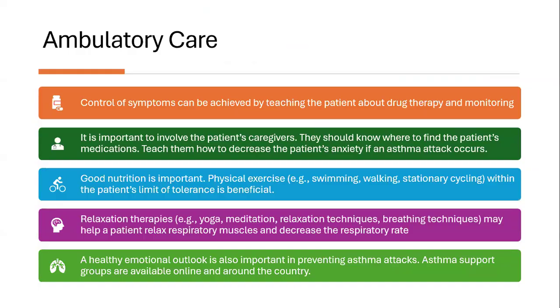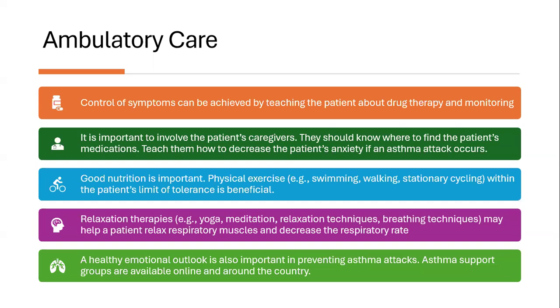For ambulatory care or outpatient department services, and while the patient is at home, it's really important to control the symptoms, which can be achieved by teaching the patient about drug therapy and monitoring. It's also important to involve the patient's caregiver.